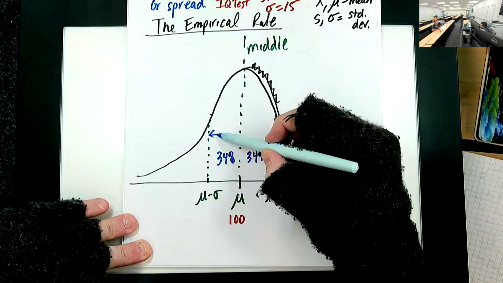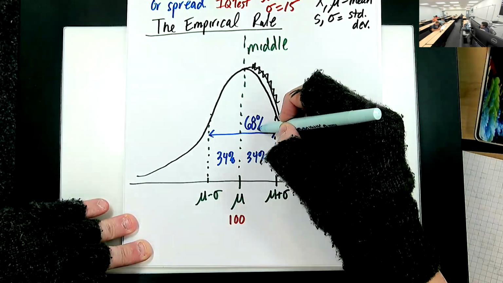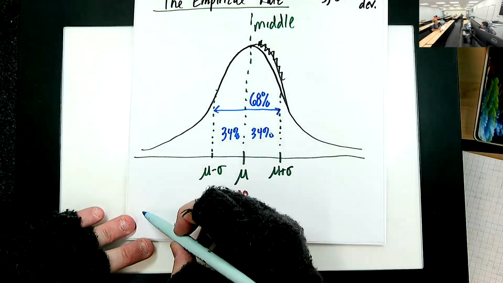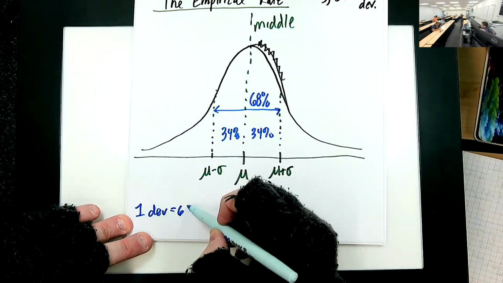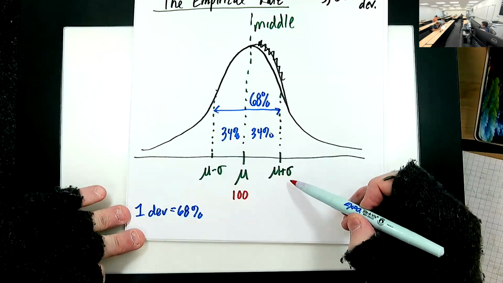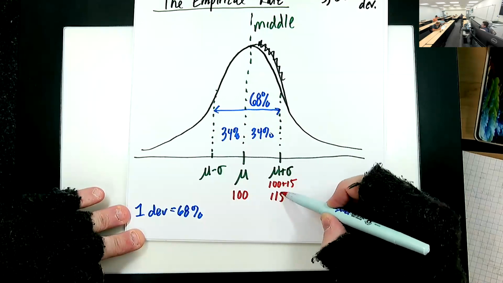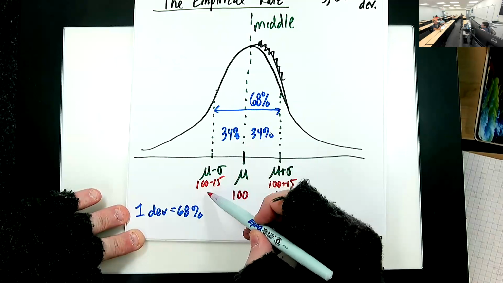So within one deviation, 68%. Now, if I were to do this here, I need to add sigma here. This is 100 plus 15, which is 115. This value is 100 minus 15, which is 85.